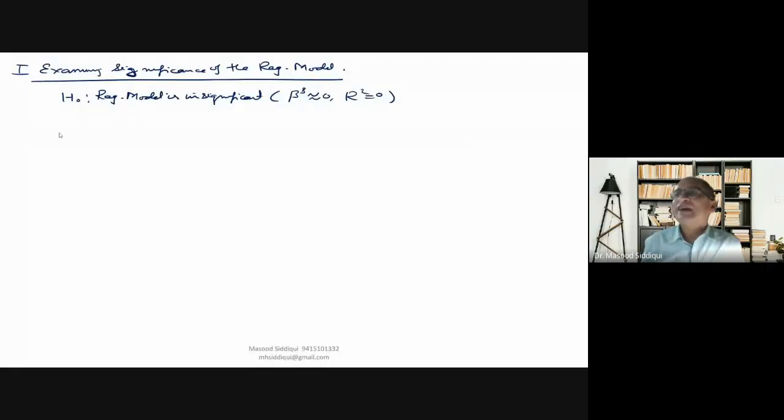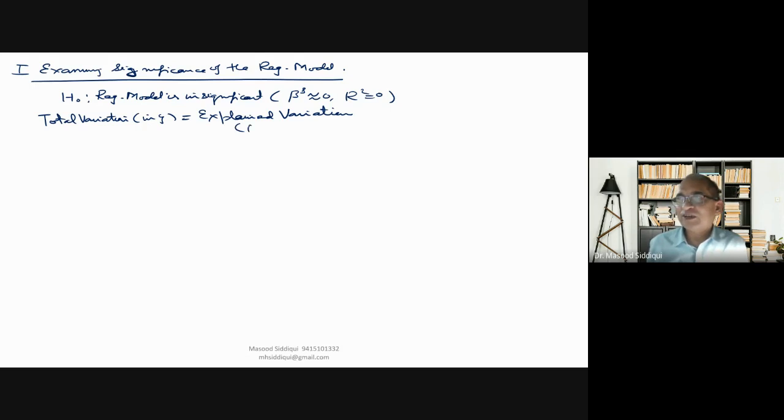So here we examine total variation. We are examining total variation in y, the dependent variable. One reason can be explained variation. This explained variation is because of the predictors that we have taken.